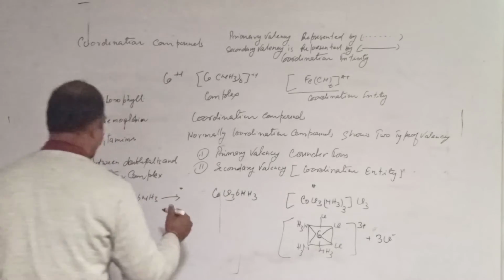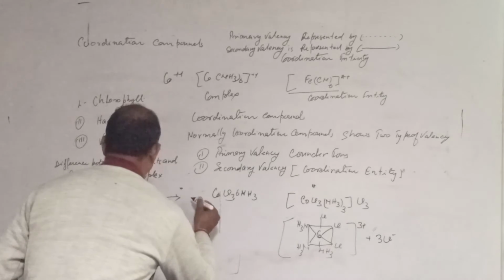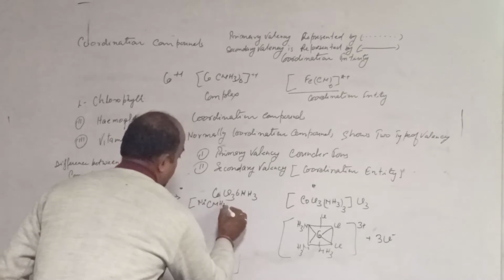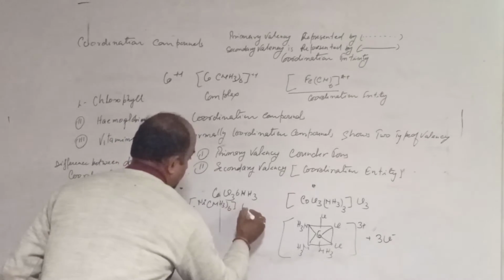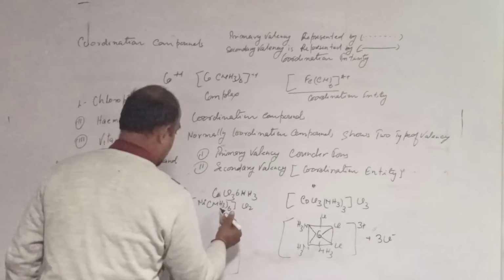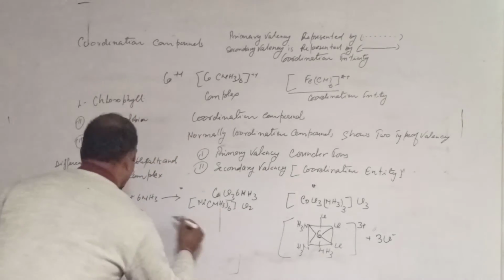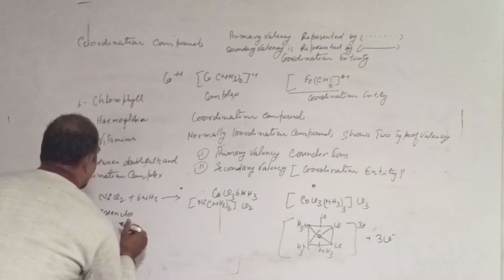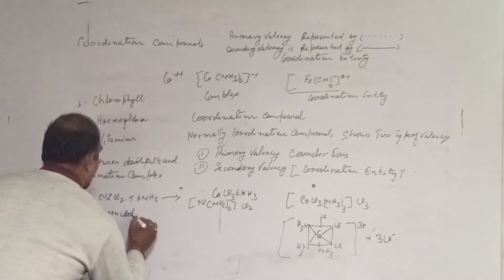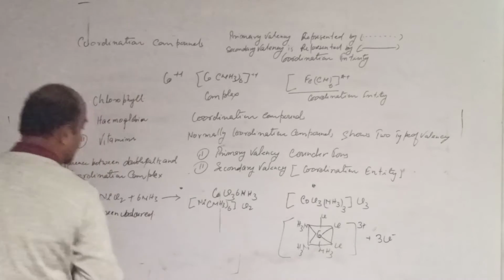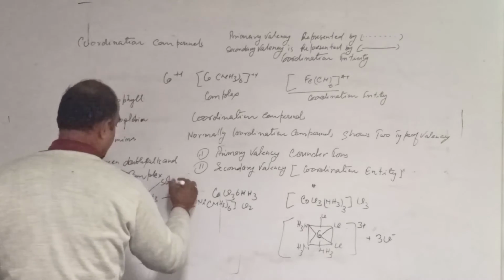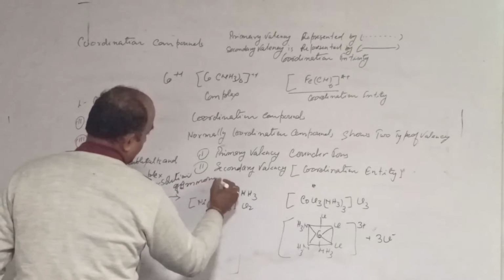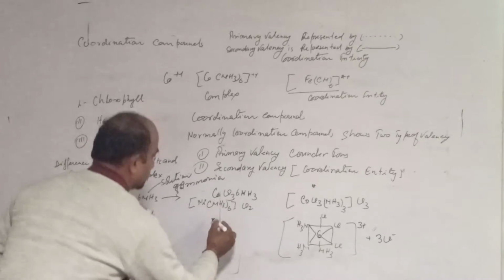We are just putting a compound to form a green colored solution of ammonia. Now this is formed.